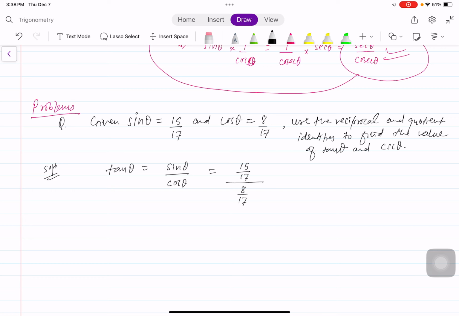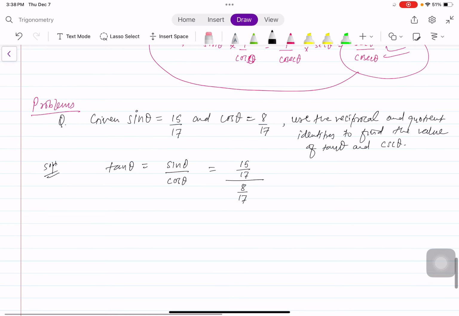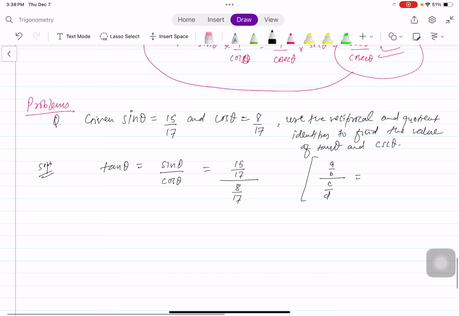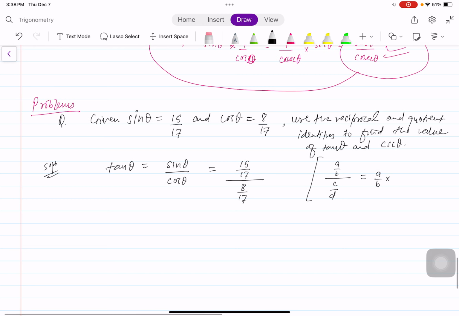Now please look at this fraction. This is a fraction of a fraction, and this is very important. Whenever you have a over b divided by c over d, if you put a multiply sign here, the second fraction becomes reversed.